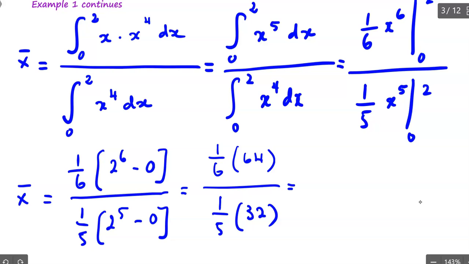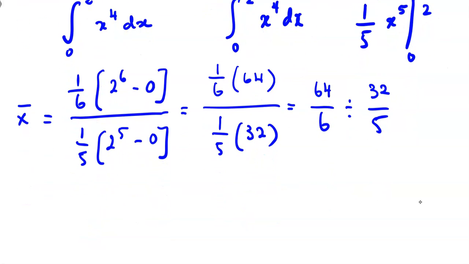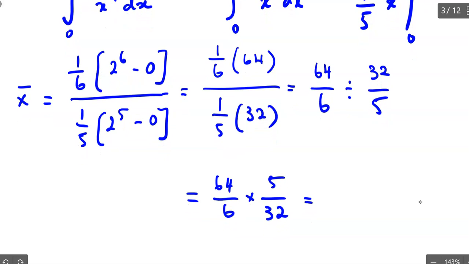I should have 64 over 6 divided by 32 over 5. So in this case, I should have 64 over 6 times 5 over 32. So I should have this as 5 over 3.